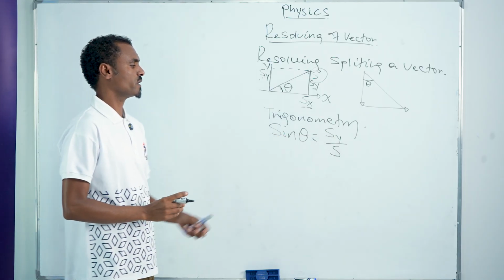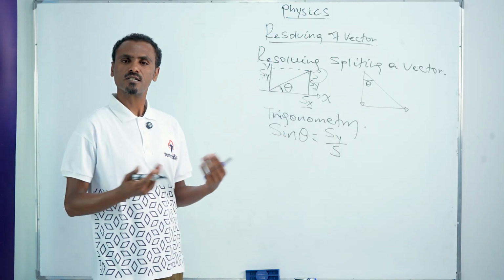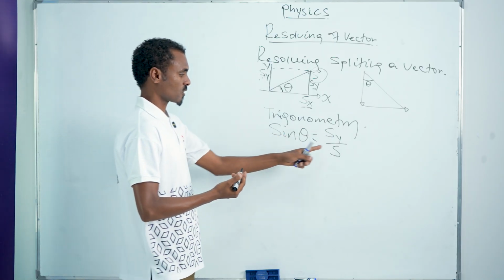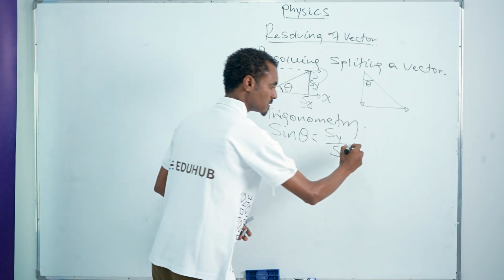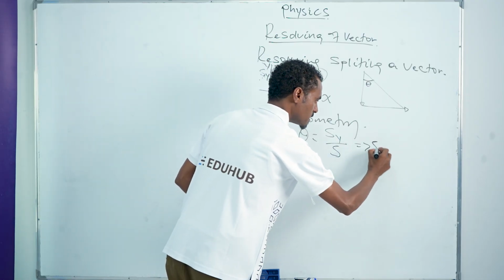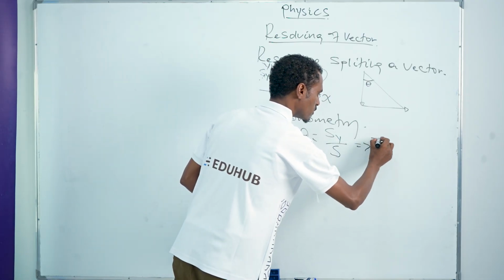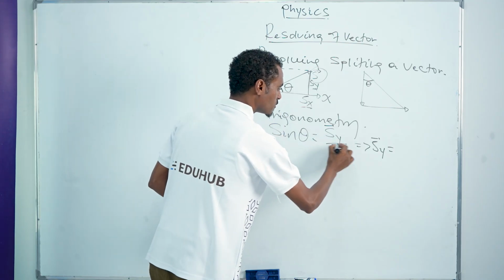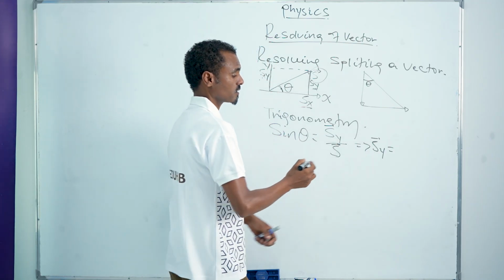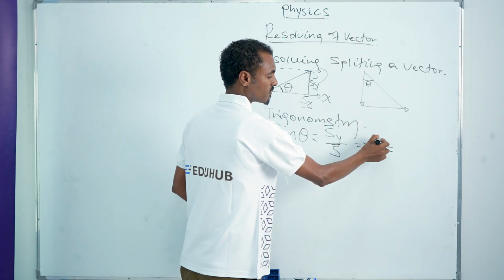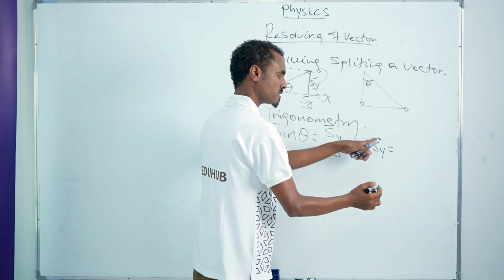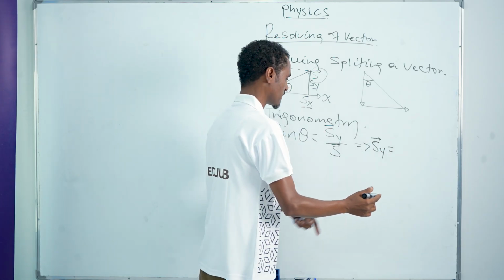So how can we write Sy as the subject? We must multiply crisscross, that is Sy, which is equal to, by the way, to represent a vector we must put an arrow above the physical quantity. This shows us the quantity is a vector.